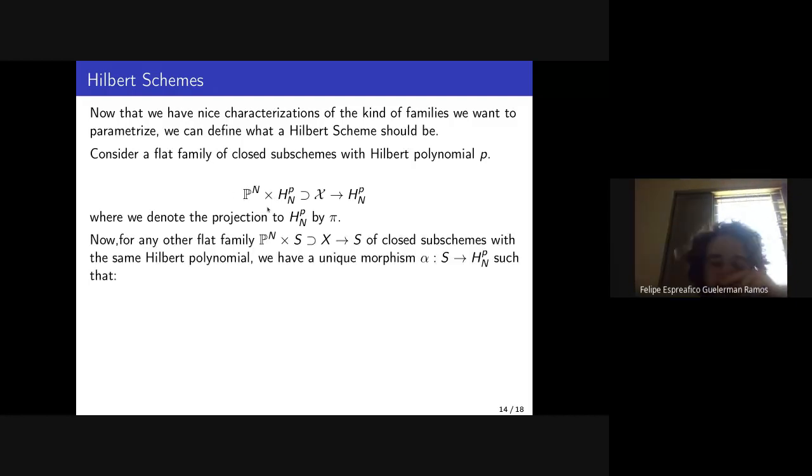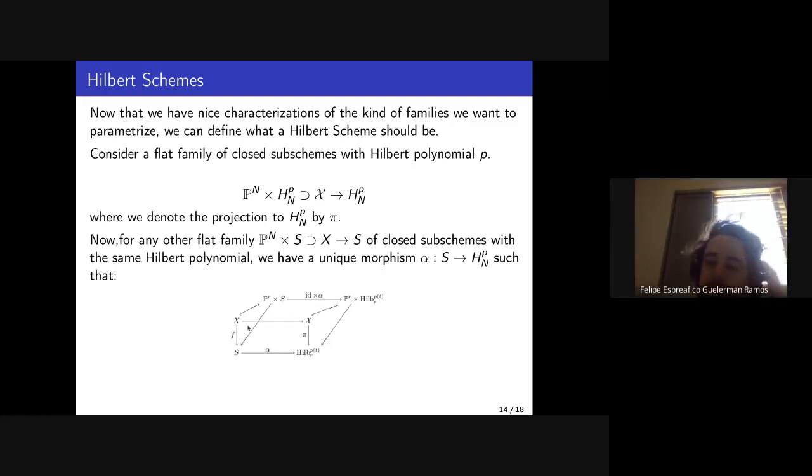So the universal property is that for any other family X parameterized by S of closed subschemes with the same Hilbert polynomial, we have a unique morphism S to the Hilbert scheme, satisfying the commutativity of everything, right? So we can satisfy the commutativity of the projection and the inclusion in the product space.